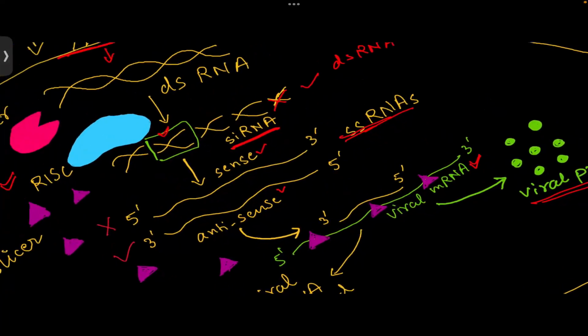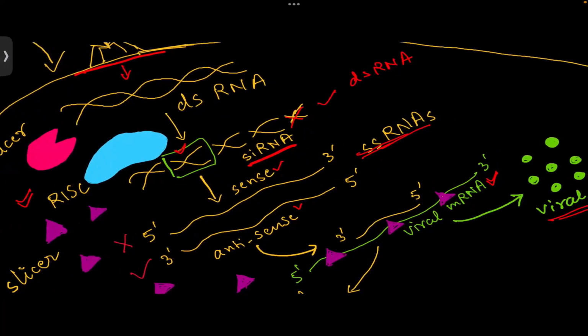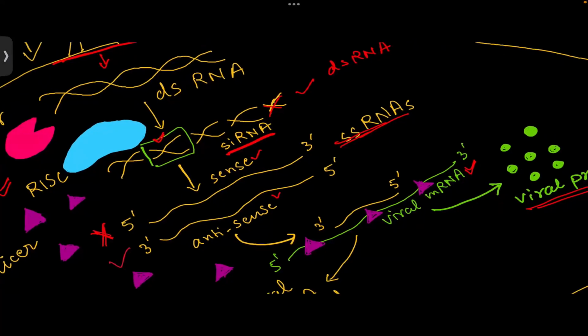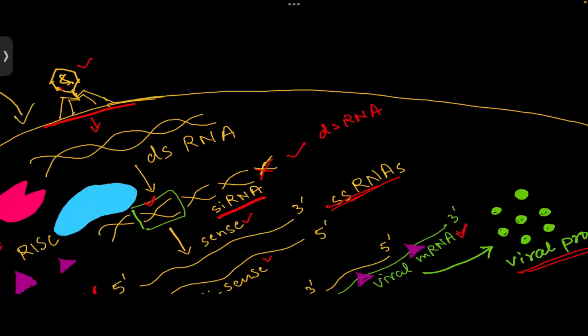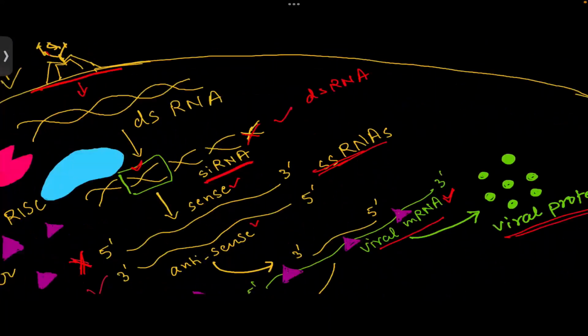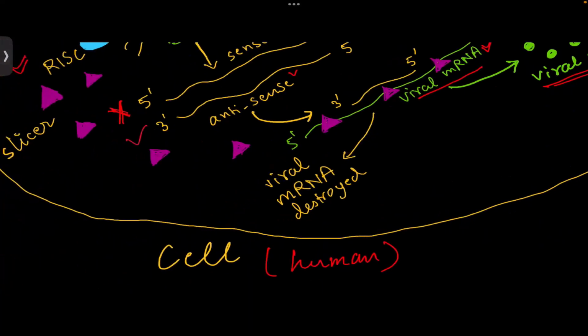It will come and digest or destroy this 5 prime to 3 prime strand. It will destroy it because it is not going to do the job of RNA interference. This 5 prime to 3 prime segment of siRNA cannot form complementary binding with this viral RNA because the viral RNA is running from 5 prime to 3 prime, so it cannot. I hope this makes sense.